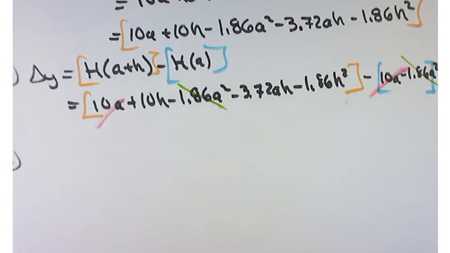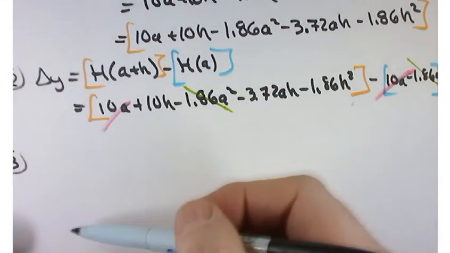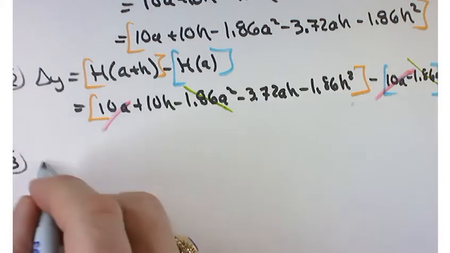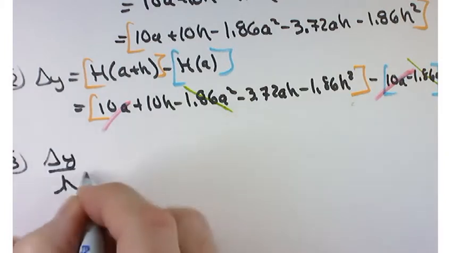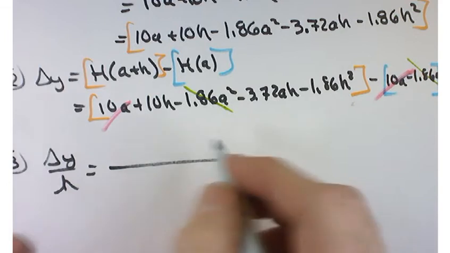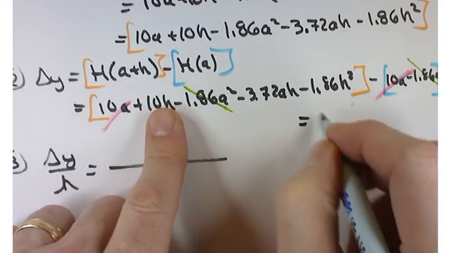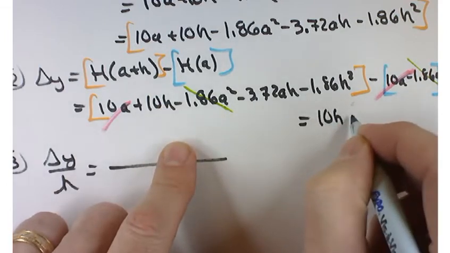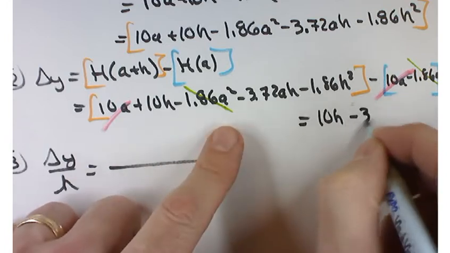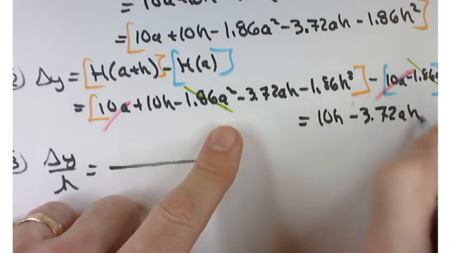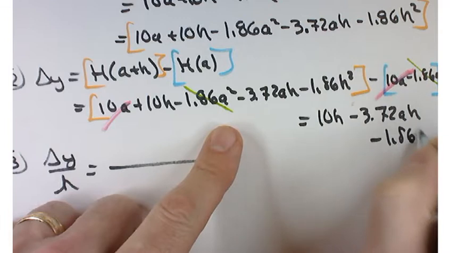All right, so let's keep going. The next thing is to find the slope. So I want delta y over delta x, or in this case, delta y over h. What's left is 10h minus 3.72ah minus 1.86h squared.